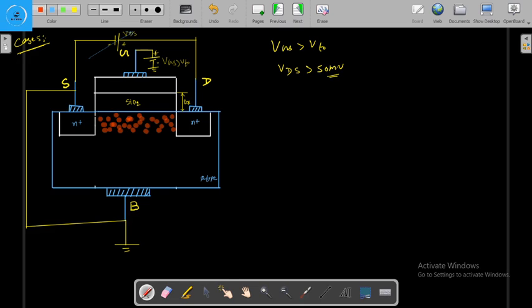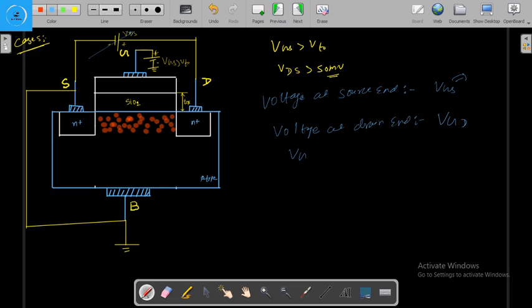The voltage at the source end, between gate and channel, is VGS, and this is the reference voltage. As we move from source to drain, the gate to channel voltage is decreasing, and the voltage at the drain end is VGD.